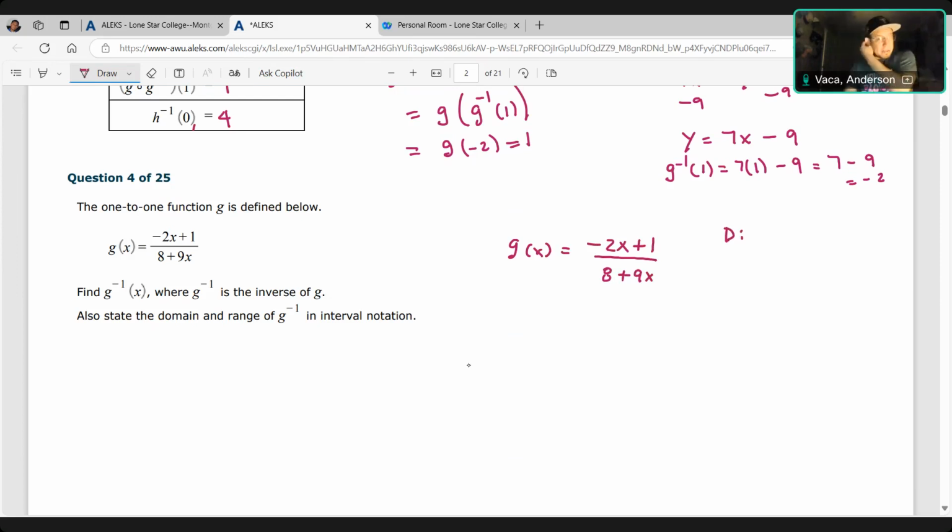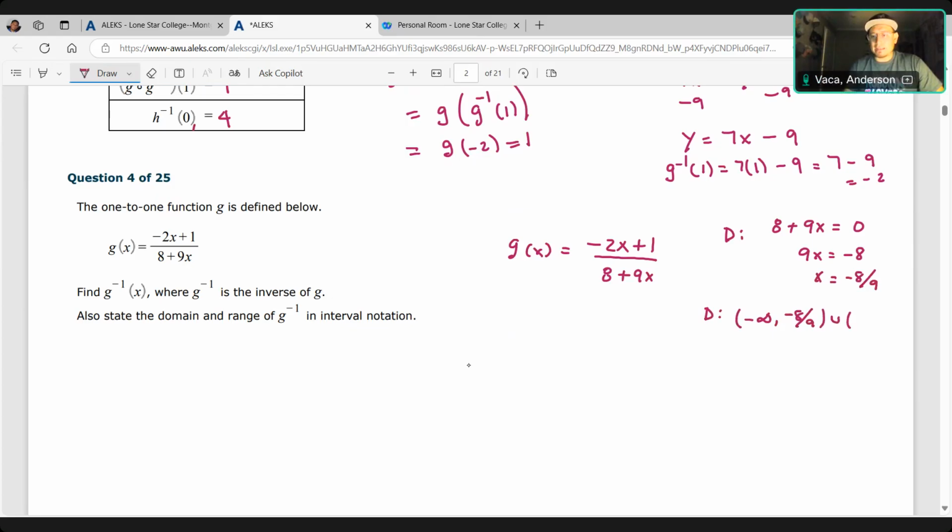So in order to find the domain, let's find the value of x that makes the denominator equal to 0. And that value is negative 8 over 9. So therefore, we can choose any value for x, except negative 8 over 9.